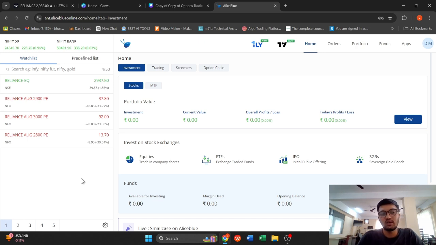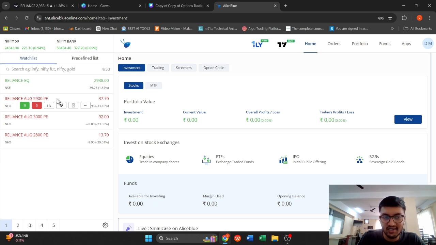So for example, 2,900 put option is having a premium of 37 rupees. So I was telling you about this. This has some intrinsic value as well as some time value. Why is that the case? So you just figure out the difference between both of them.